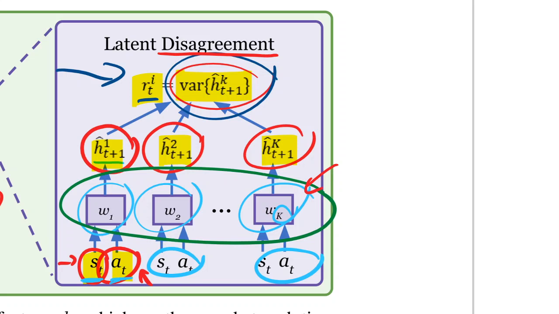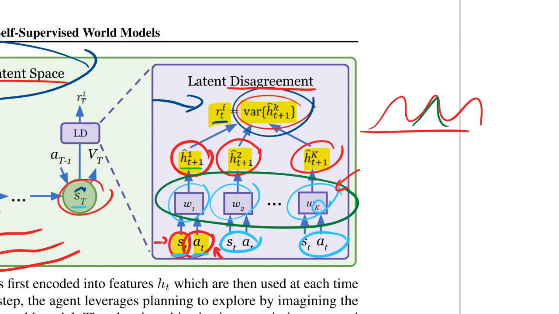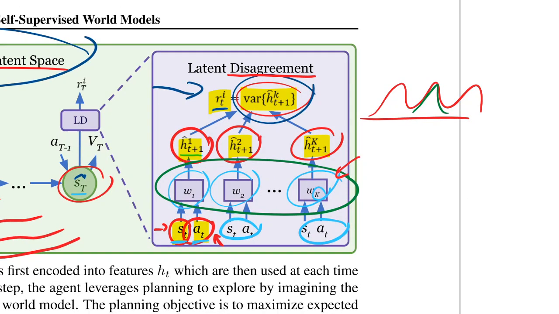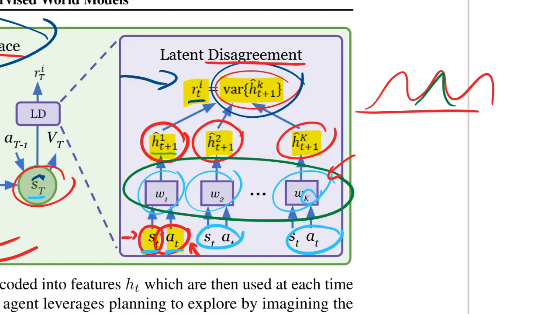If you initialize them wrongly, they might miss, like if your distribution has 3 modes, they might just, for all of them, focus on one of them, and then your disagreement will be completely out of whack, or you could initialize them too close together. That's the same thing. So it all depends on how you manage to handle this uncertainty right here.